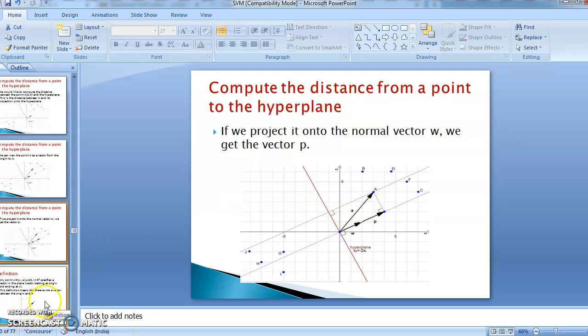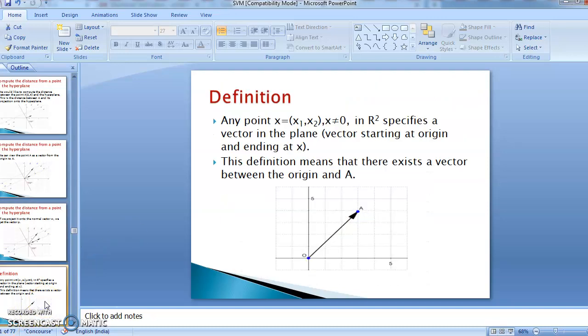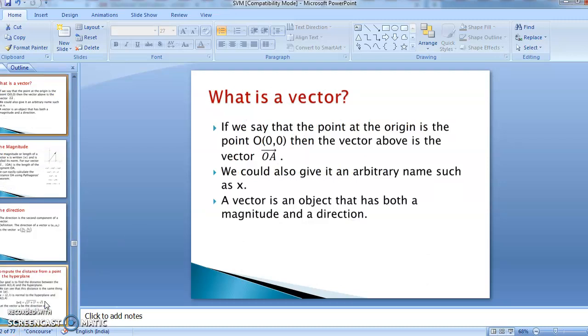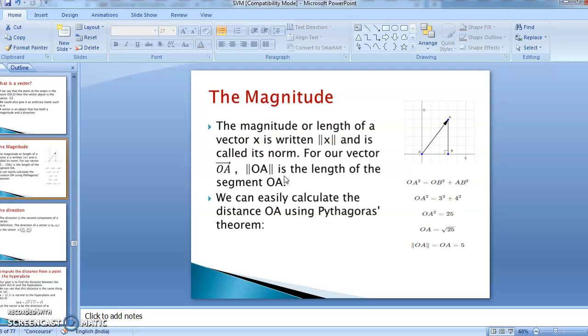For that concept we will see some basics of vectors. Generally a vector is a point which has an origin, and the point at the origin is (0, 0). For any vector you can compute its magnitude by the formula OA square is equal to OB square plus AB square, that is the perpendicular distance and the square of the side edge, according to the Pythagoras theorem.